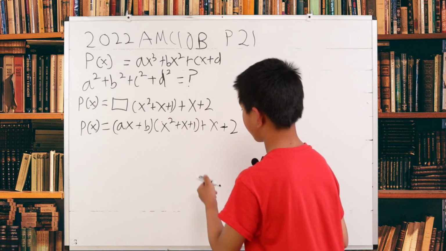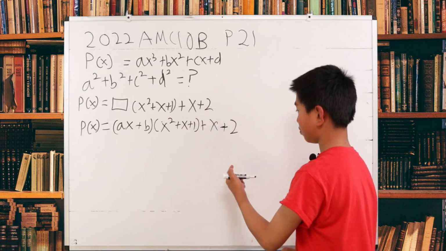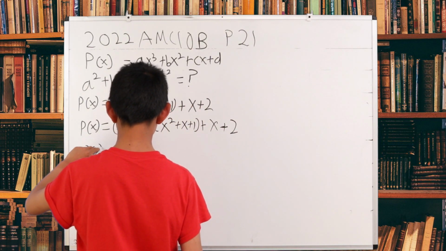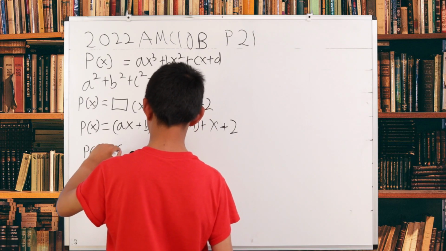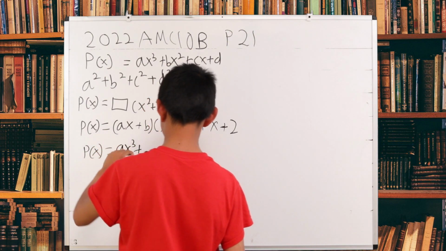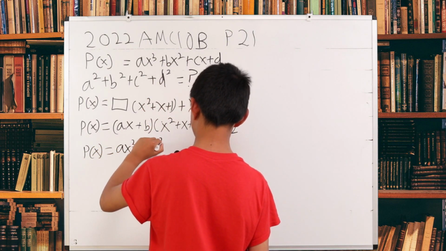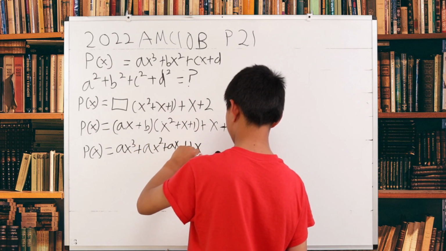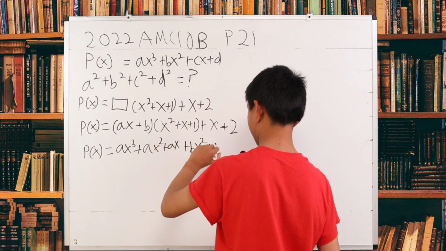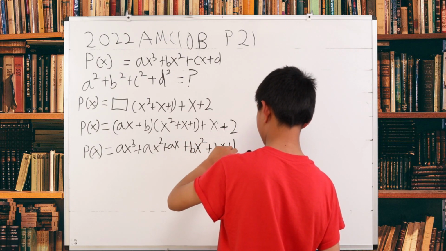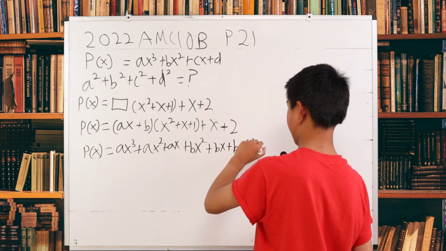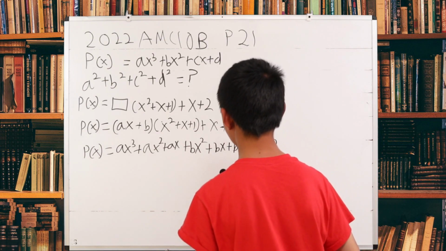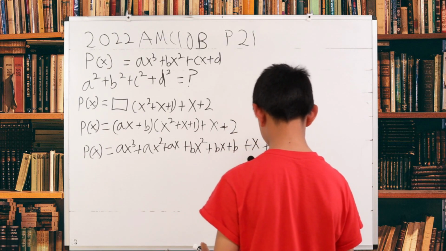Now we can just multiply it out. P of x is equal to ax cubed plus ax squared plus ax plus bx squared plus bx plus b plus x plus 2.